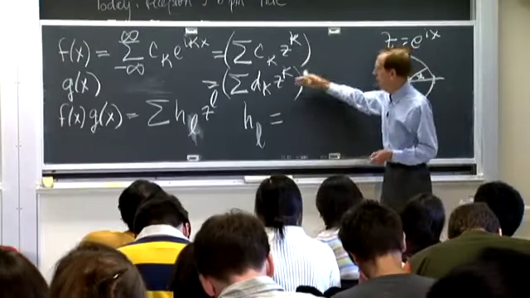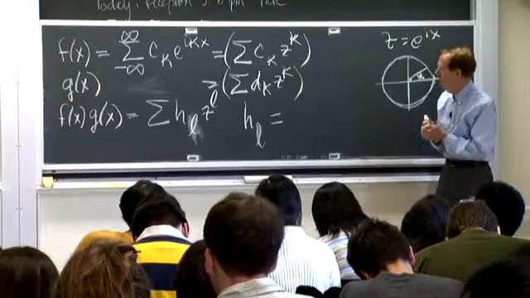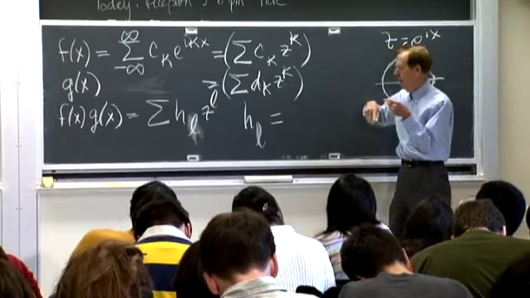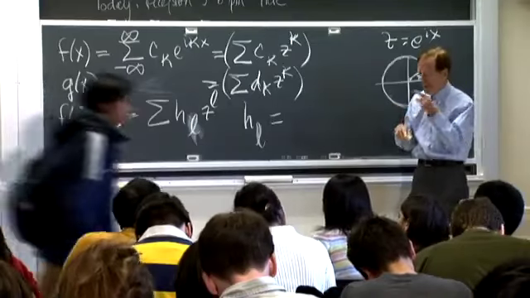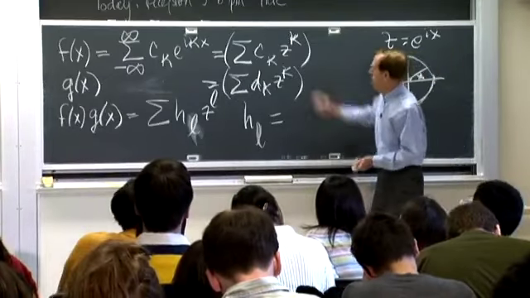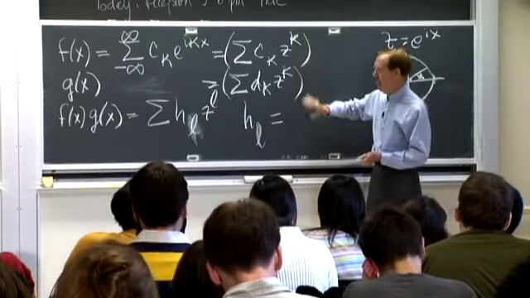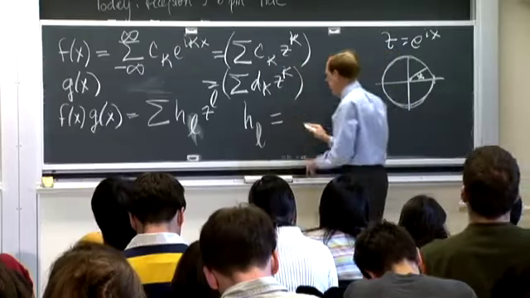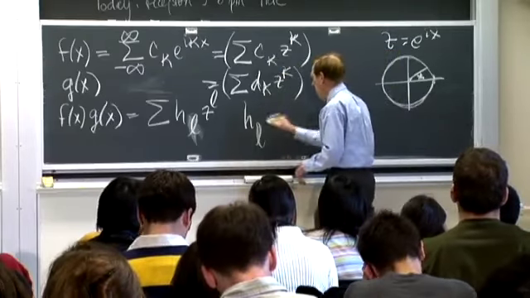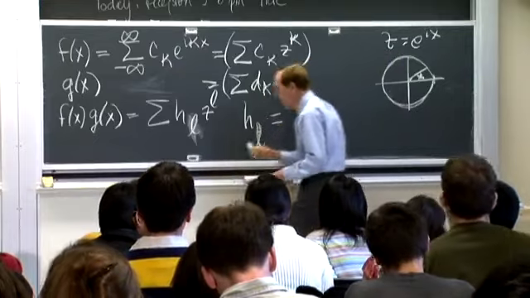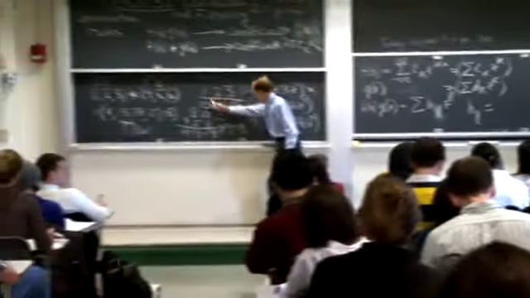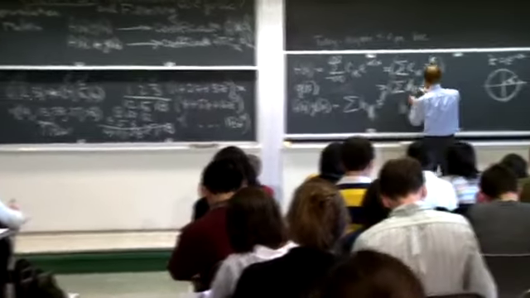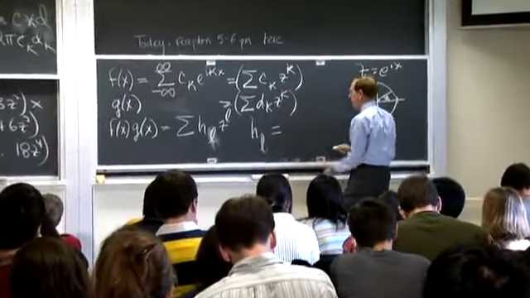Well, if I multiply that by that, do you remember the story there? When I multiplied that by that, and I looked for the terms that gave me z to the L. Well, that means that this power times this power is going to be z to the L. So do you remember what happened with the index? It was a lot of different terms. Here's h_2 or something. I've got to do an addition because a bunch of c's come in with different d's.